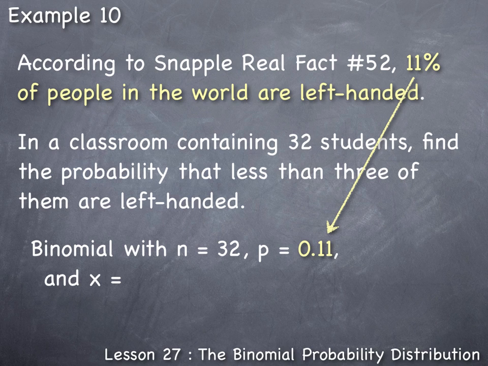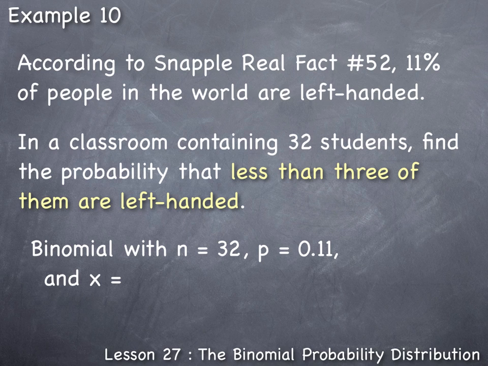Now the value of the random variable x is the value corresponding to the probability question that we're trying to answer. In this case, what's the probability that less than 3 of them are left-handed? Well, for the binomial, the random variable x represents a count or a frequency. It's discrete. That is, the lowest value it could be is 0, and the highest value it could be is n, in this case 32.